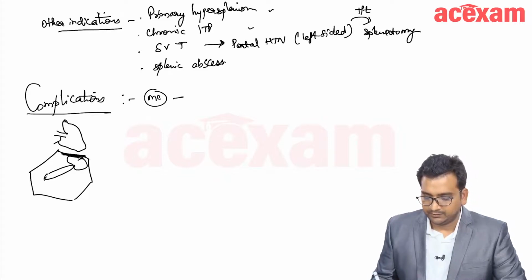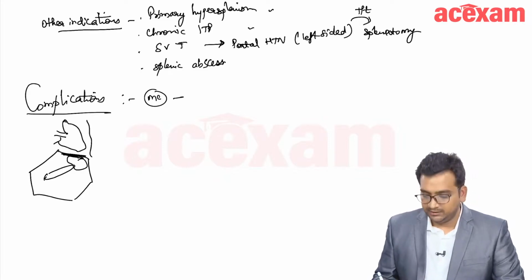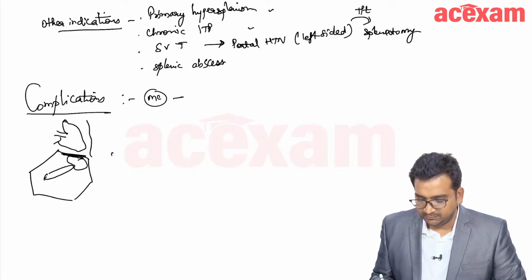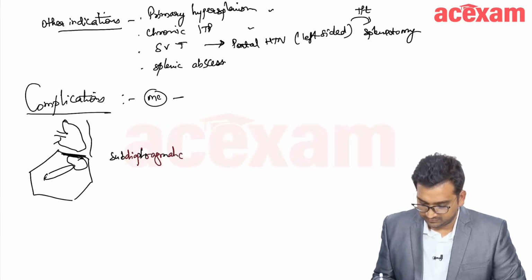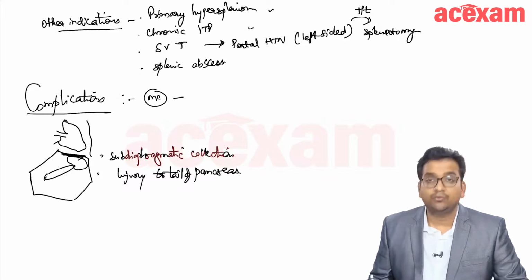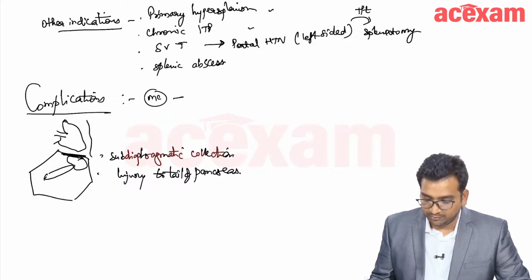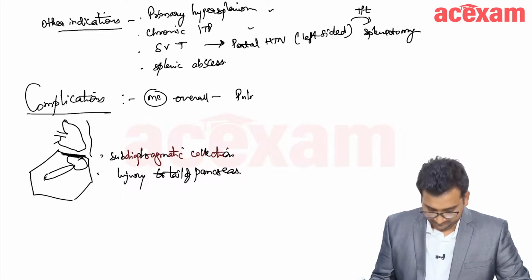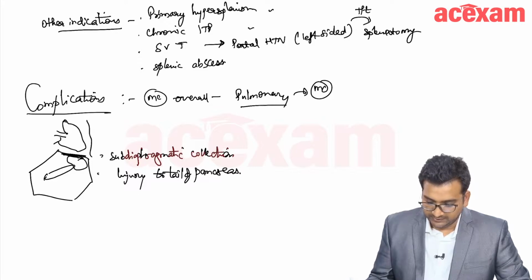Generally there are subdiaphragmatic collections or abscess, and injury to the tail of pancreas. Overall, the most common complication is pulmonary, and the most common is atelectasis.